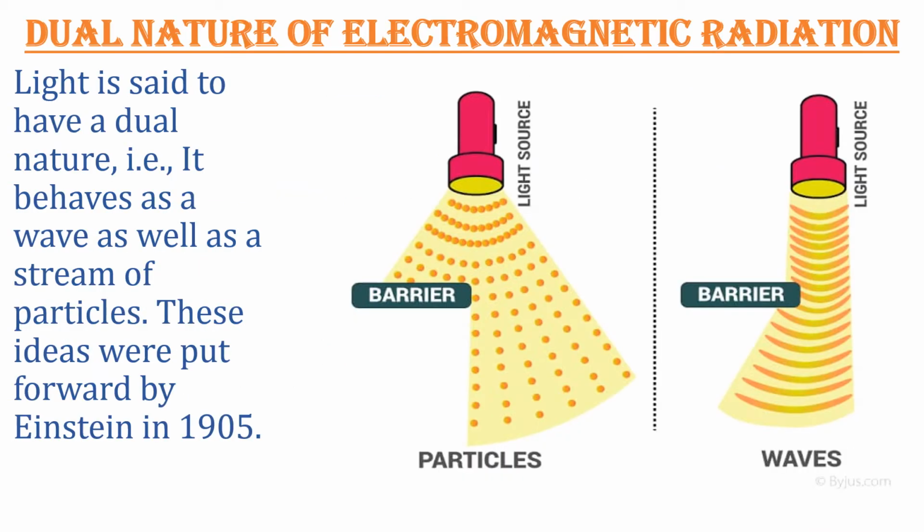So now moving further, dual nature of electromagnetic radiation. From the above discussion, we have discussed Planck's quantum theory and the explanation of black body radiation as well as the photoelectric effect.